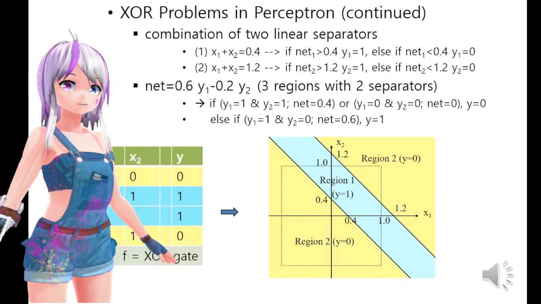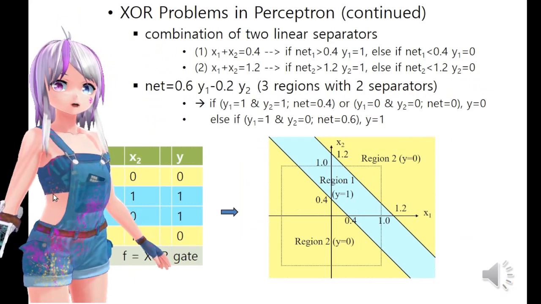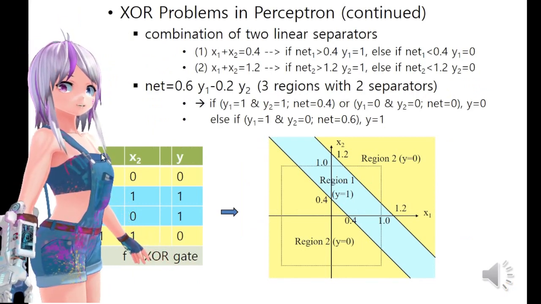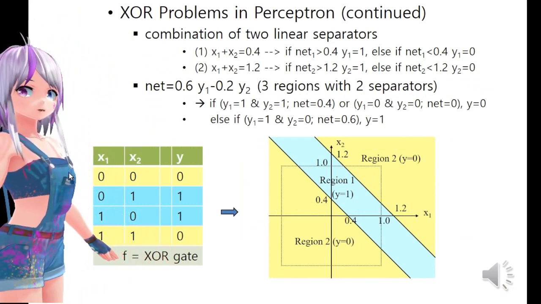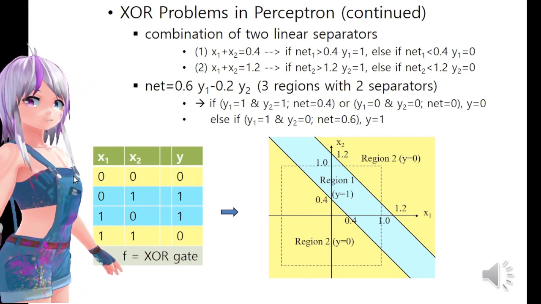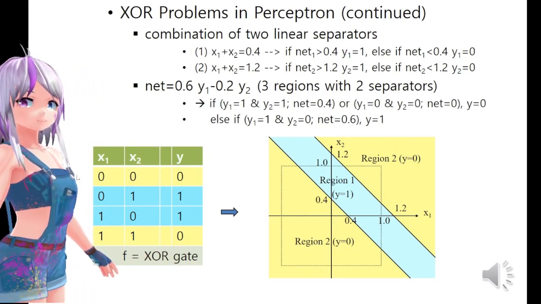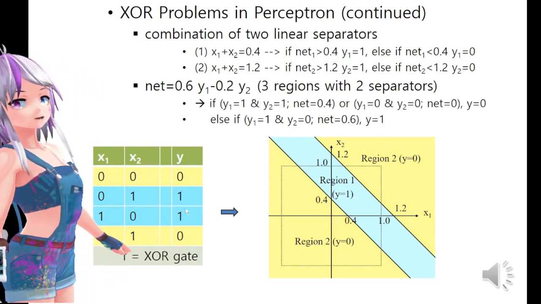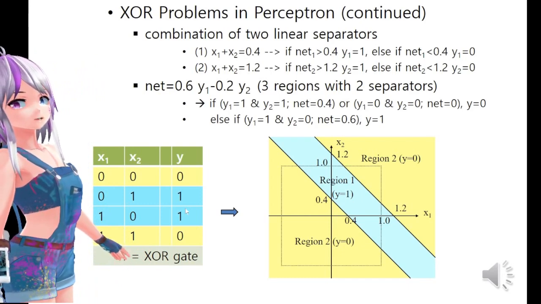As a matter of fact, a multi-layer perceptron is a combination of two linear separators. The first one is x1 plus x2 equals 0.4. So therefore, if net1 is greater than 0.4, y1 becomes 1.